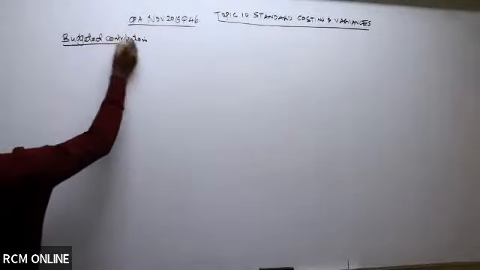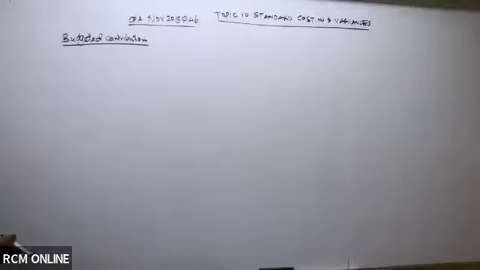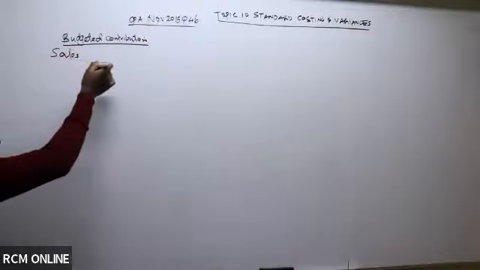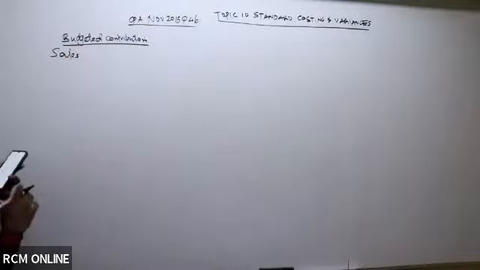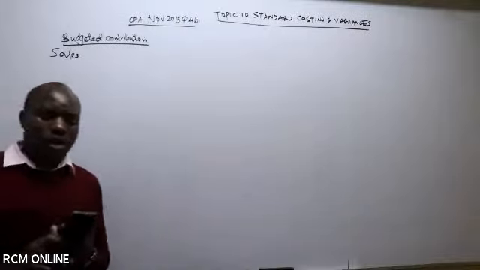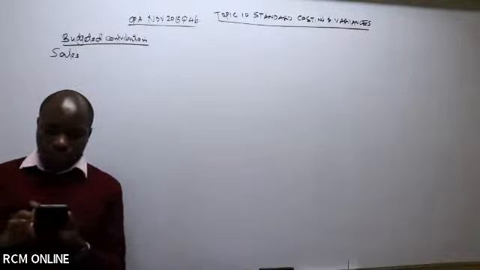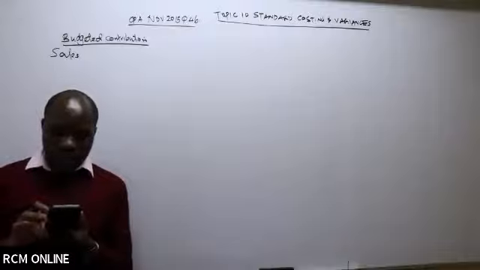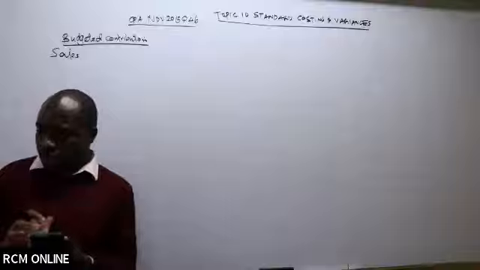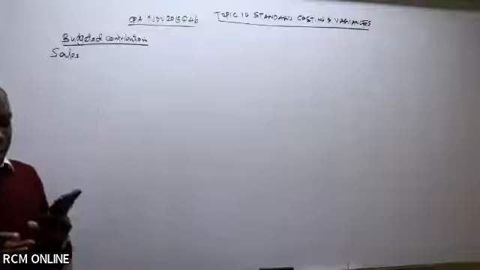Budgeted contribution. So for budgeted contribution, we need to get sales, right? We're given a selling price per unit, which is 136. So how many units were budgeted? Budgeted production, do we have that information anywhere? Additional information number one, that is 38,000.